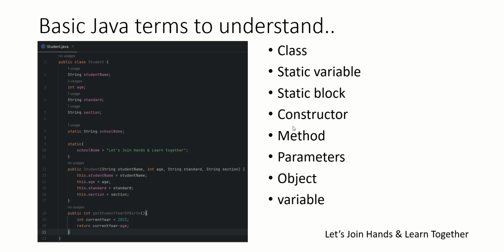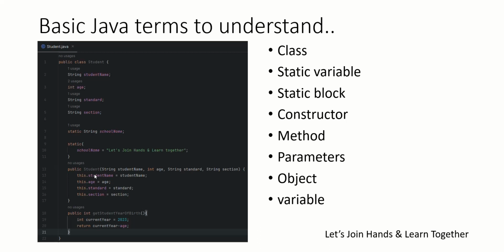If you see, one more term is constructor. A constructor is nothing but a method too, but it has the same name as the class. Whenever I try to create an object for the particular class, the constructor is called. If we pass a parameter to the method, these are called parameters.